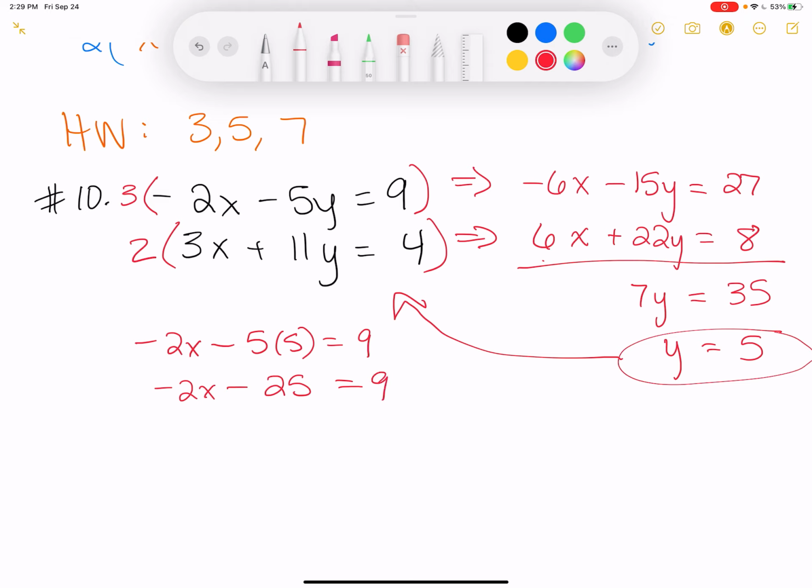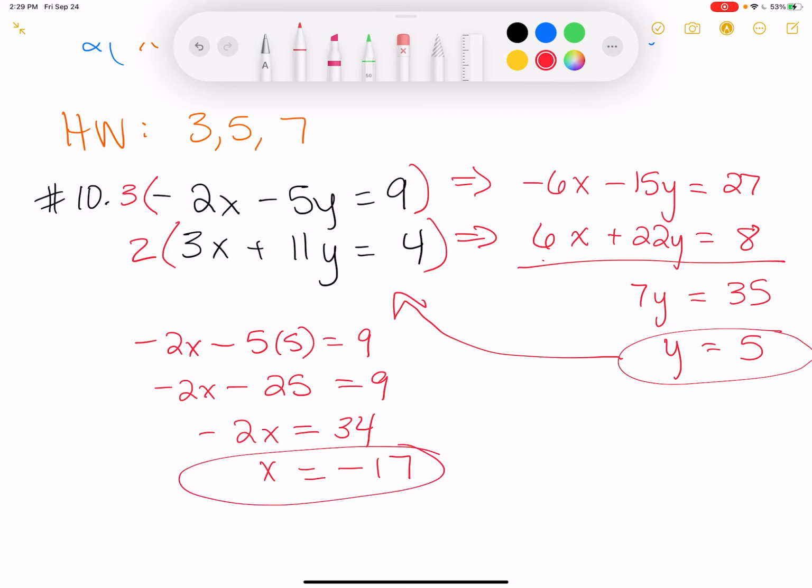I'm going to add this 25 over. So negative 2x is equal to 9 plus 25, which is 34. Divide by negative 2. X is equal to negative 17. So my ordered pair is negative 17, 5.